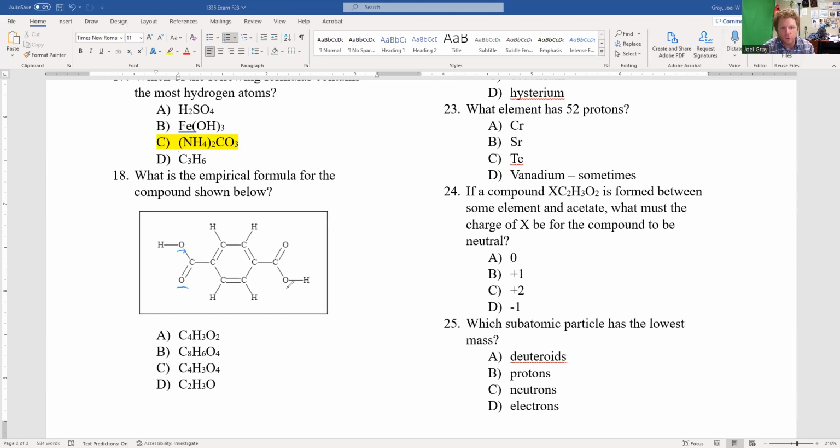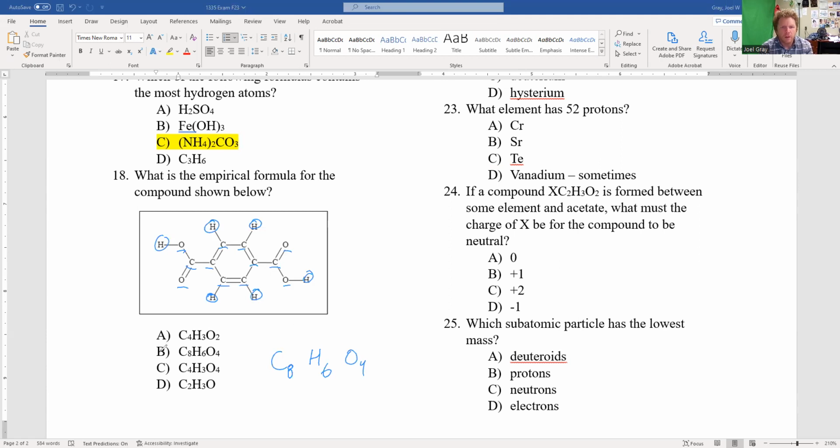Oxygens, 1, 2, 3, 4. So we've got carbon, hydrogen, oxygen. We got 4 oxygens. Carbons, 1, 2, 3, 4, 5, 6, 7, 8. 8 carbons. And then hydrogens, 1, 2, 3, 4, 5, 6. 6 hydrogens. There we go.